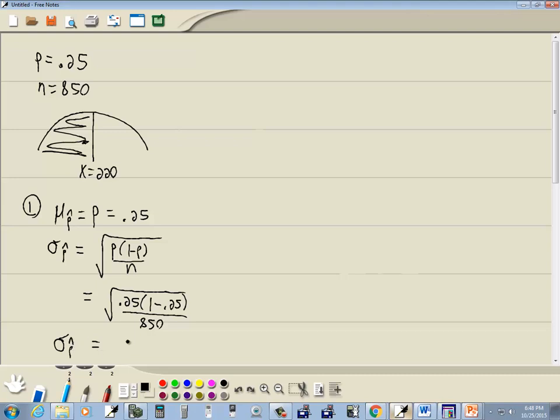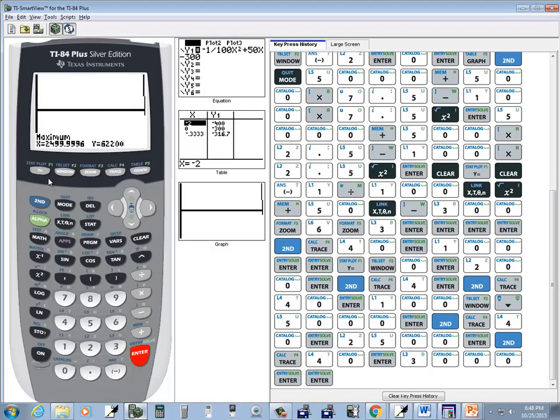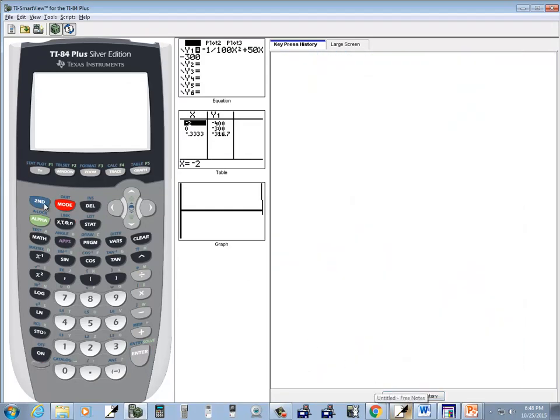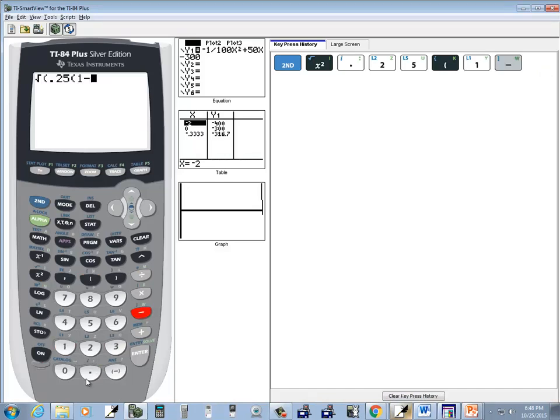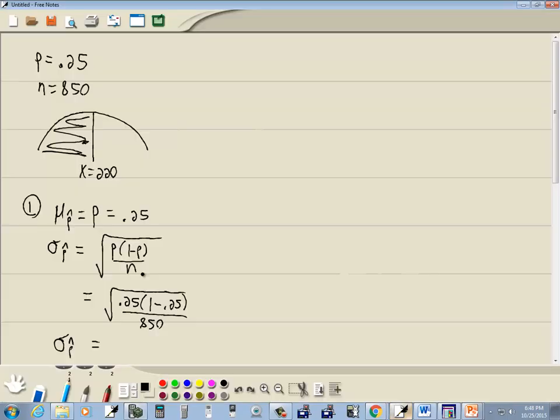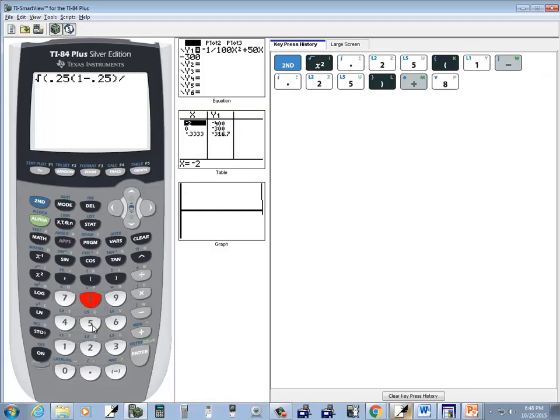So let's see what that gives us. I hit second, square root, 0.25, open parentheses, 1 minus 0.25, close parentheses, divided by 850, and then enter.